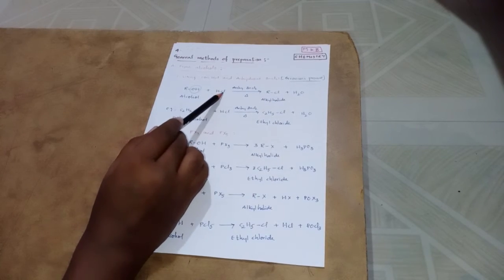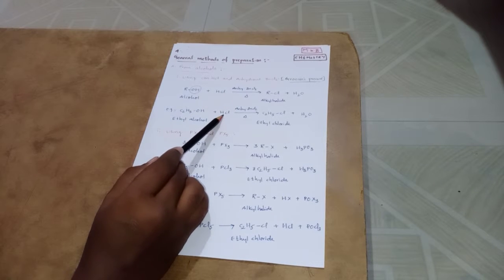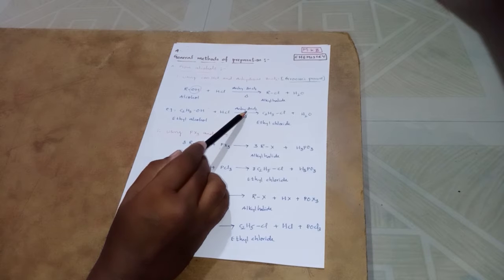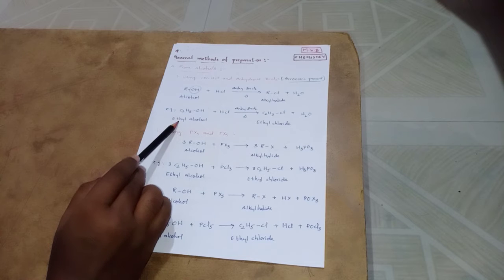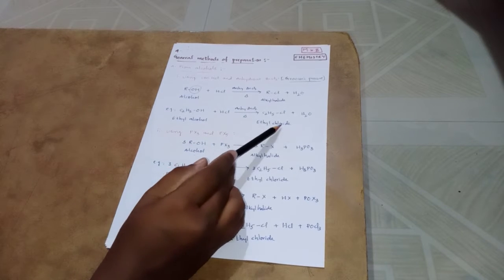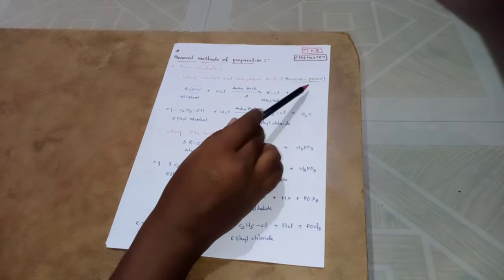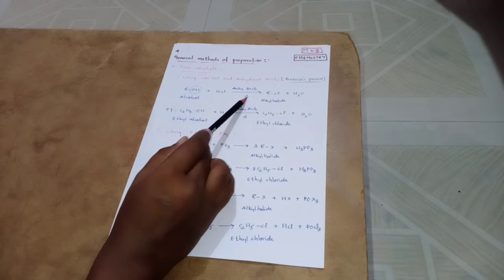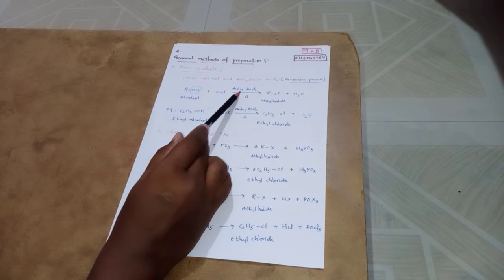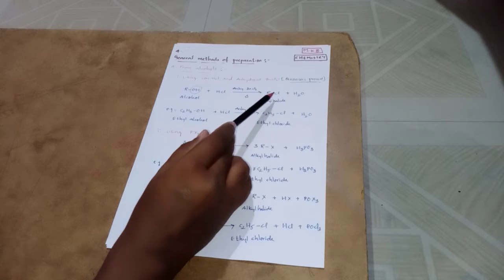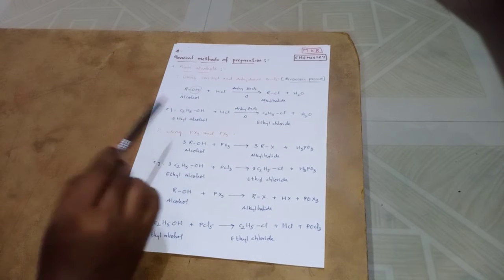As it is chlorine here, C2H5OH plus HCl in the presence of anhydrous zinc chloride gives C2H5Cl plus H2O. This is ethyl alcohol, ethyl chloride. So this is Groves process. In Groves process, alcohols are heated with a mixture of concentrated hydrochloric acid and anhydrous zinc chloride to give an alkyl chloride. This is the example.